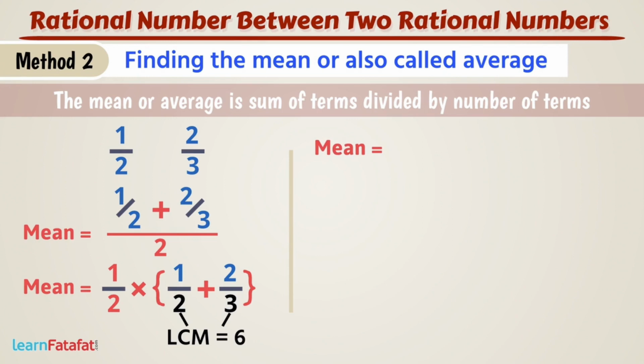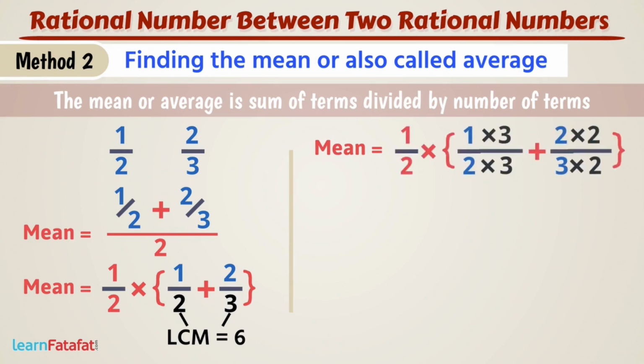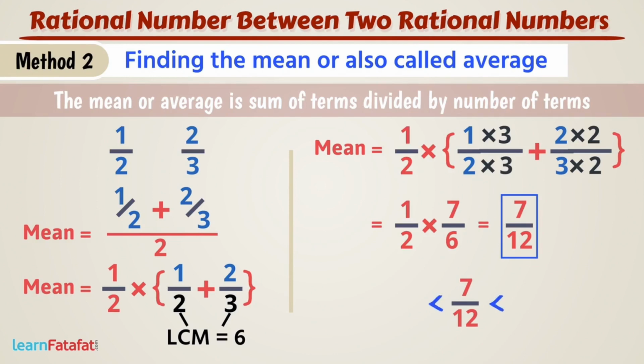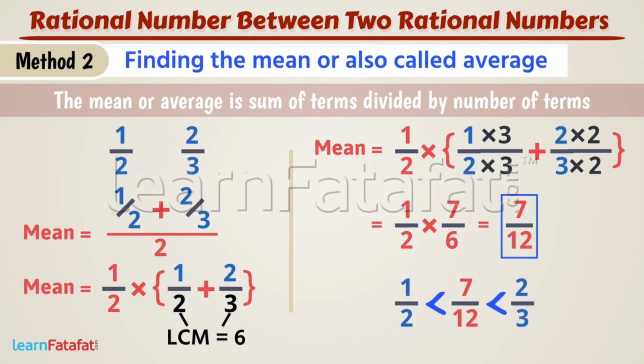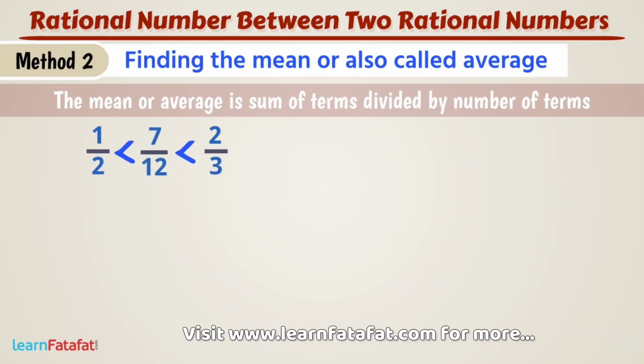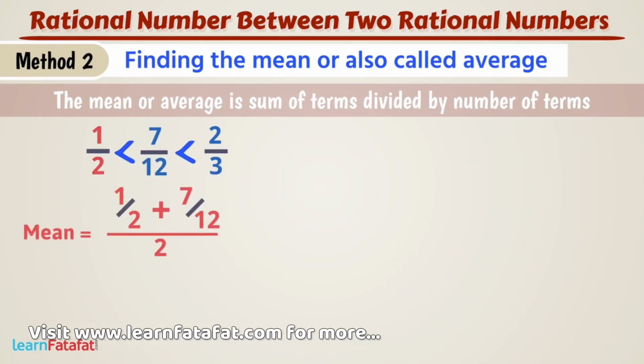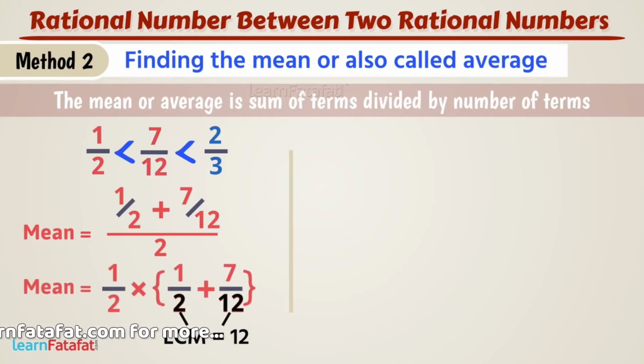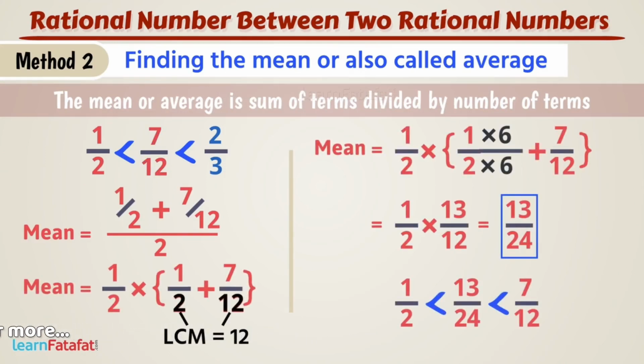Let's make denominators same, that is 6 as shown, which is equals to 1 by 2 into 7 by 6 or 7 by 12. This is one rational number between given rational numbers. Another rational number can be found by obtaining mean of 1 by 2 and 7 by 12, which is 13 by 24.